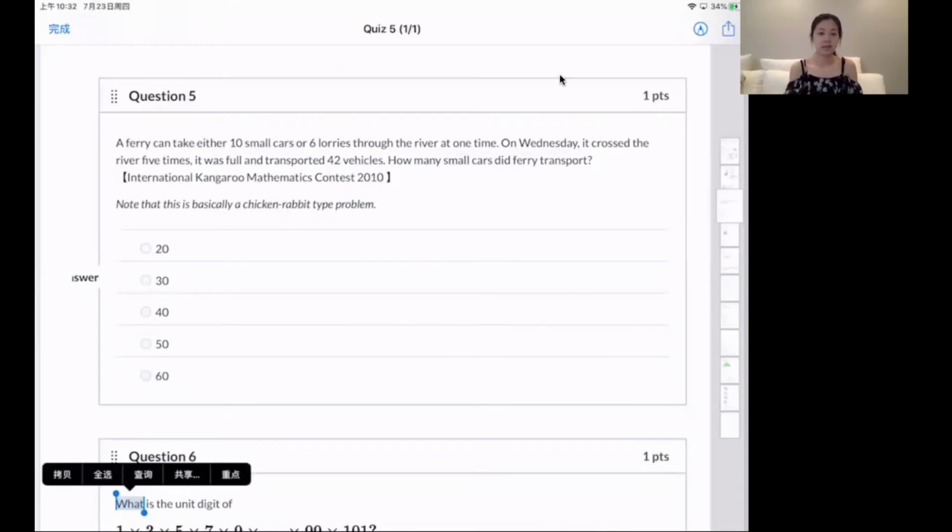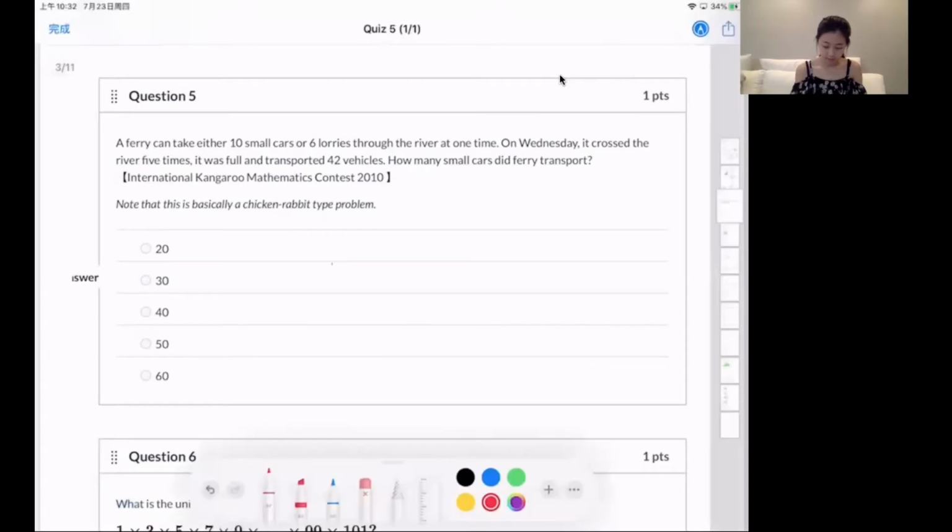Question 5. We can see 10 in ones or 6 in ones, right? Okay, since it said it was 4 and transported 42 vehicles, every time at maximum.